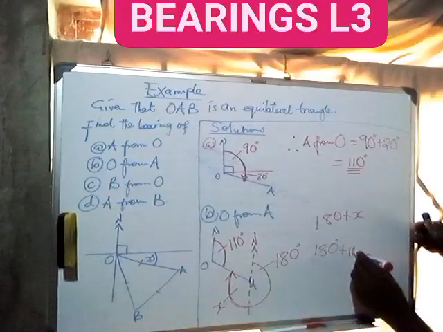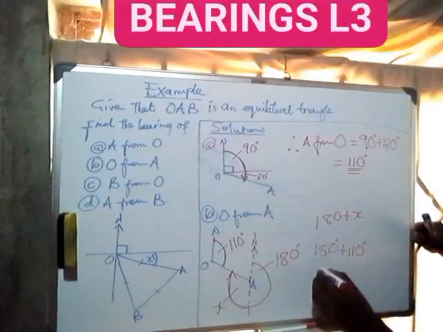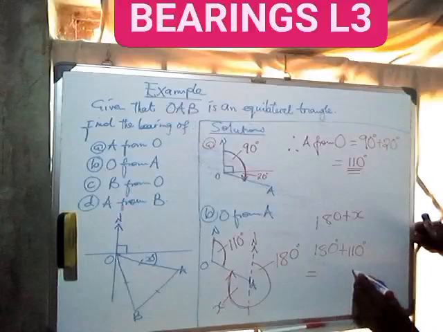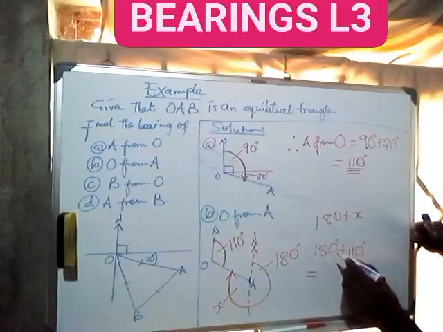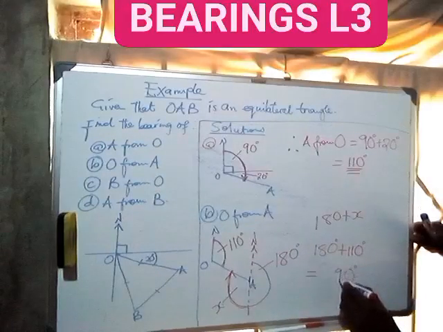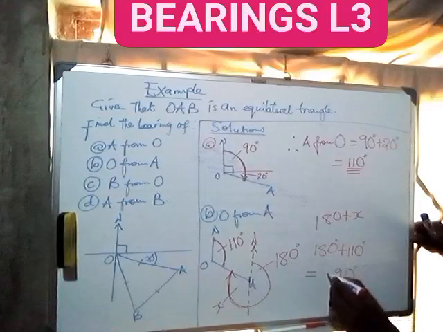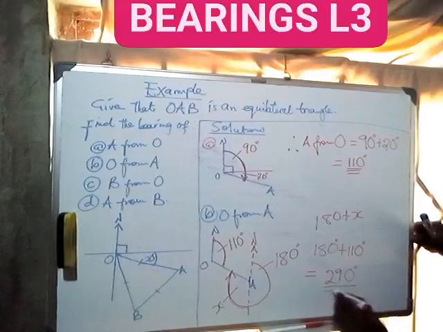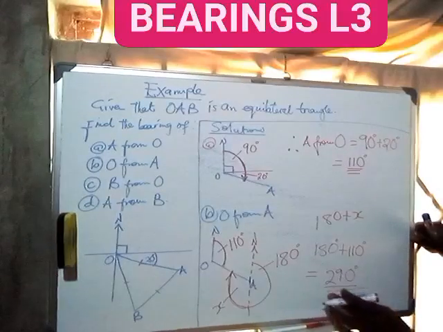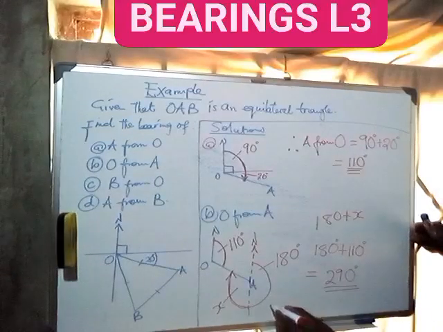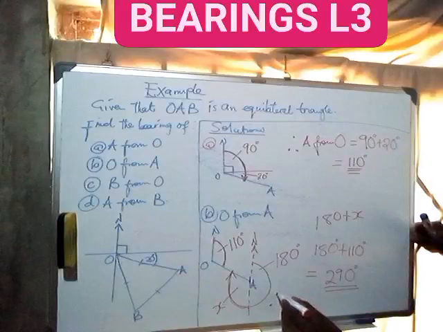So we are going to say 180 plus 110. For our final answer, 0 plus 0 is 0, 8 plus 1 is 9, 1 plus 1 is 2. So our answer will be 290.